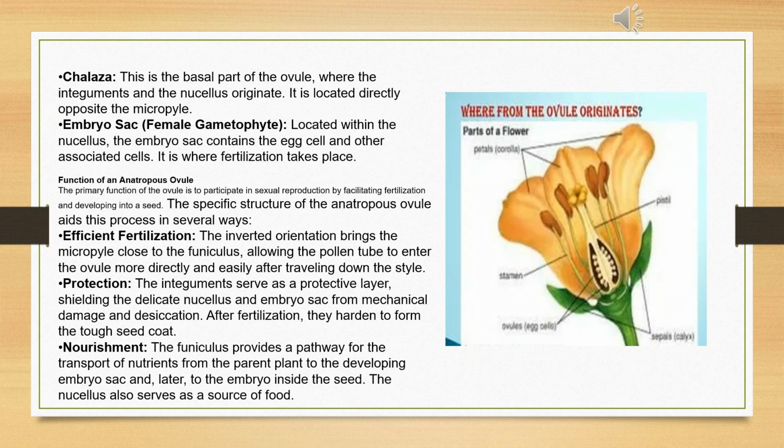The next is nourishment. The funiculus provides a pathway for transport of nutrients from the parent plant to the developing embryo sac and later to the embryo inside the seed. The nucellus also serves as a source of food.